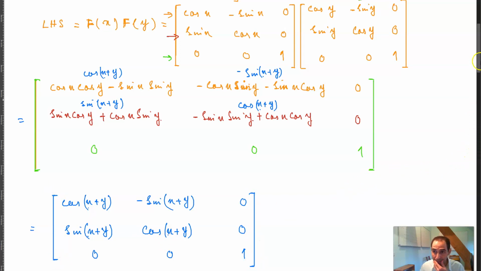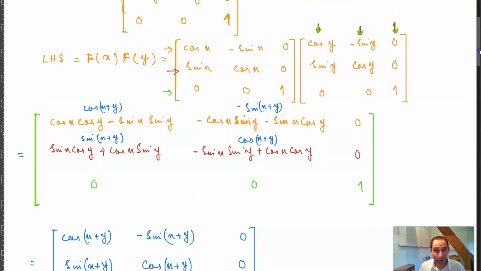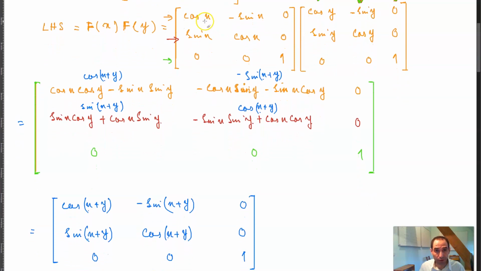So you can see that over here f of x was basically this matrix, right?